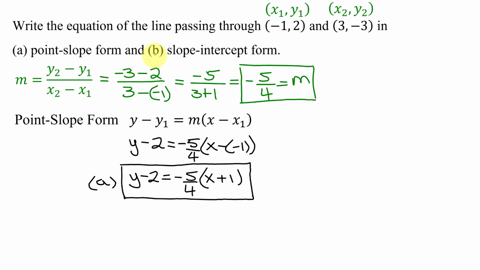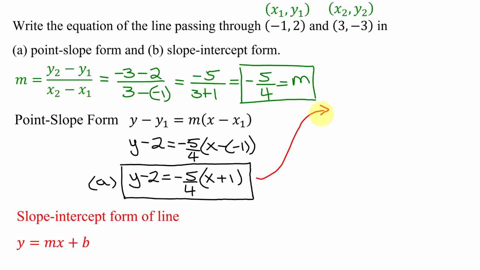Now in part B, I need my equation in slope-intercept form. Remember, that's y equals mx plus b. I know m, but I don't know b, which is the y-coordinate of the y-intercept. So to get my equation in this format, I take the equation in point-slope form and solve it for y.